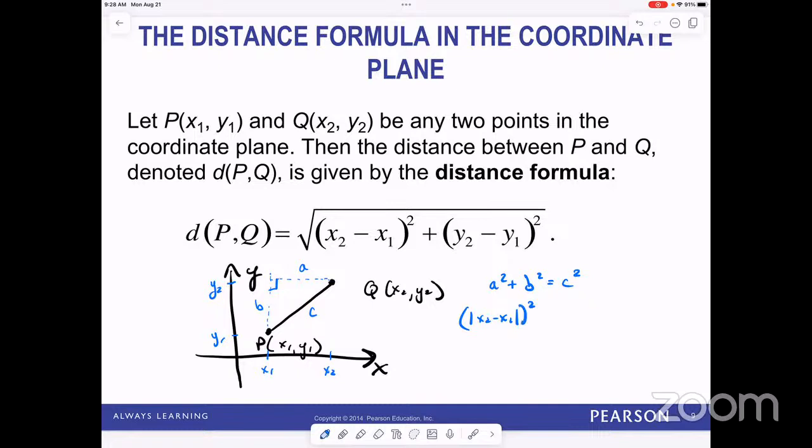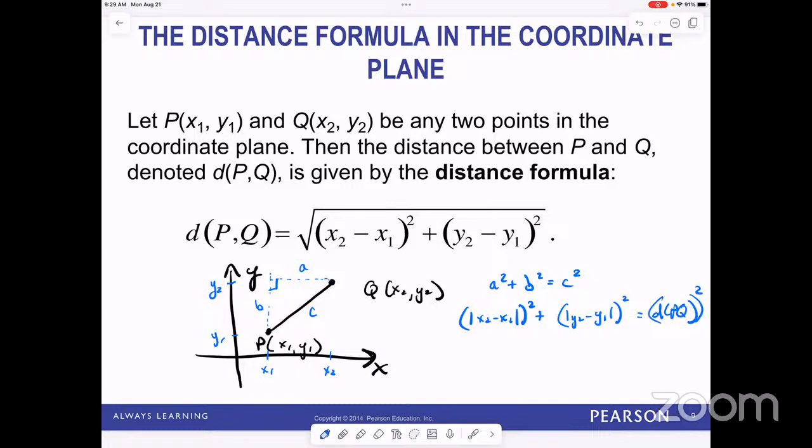B is going to be the difference between the Y values, so the absolute value of Y2 minus Y1, and again in Pythagorean we're going to square that. And then C is what we're trying to find, the distance between P and Q, and that distance is going to be squared.